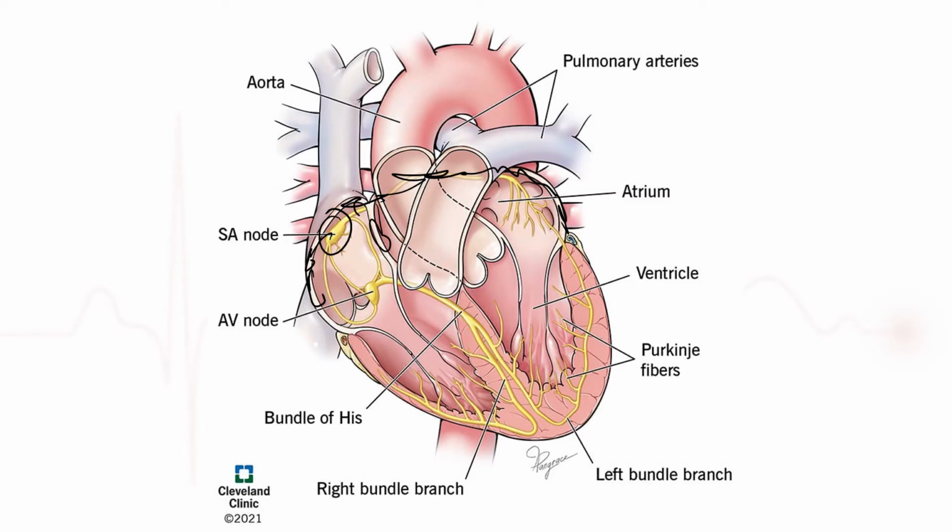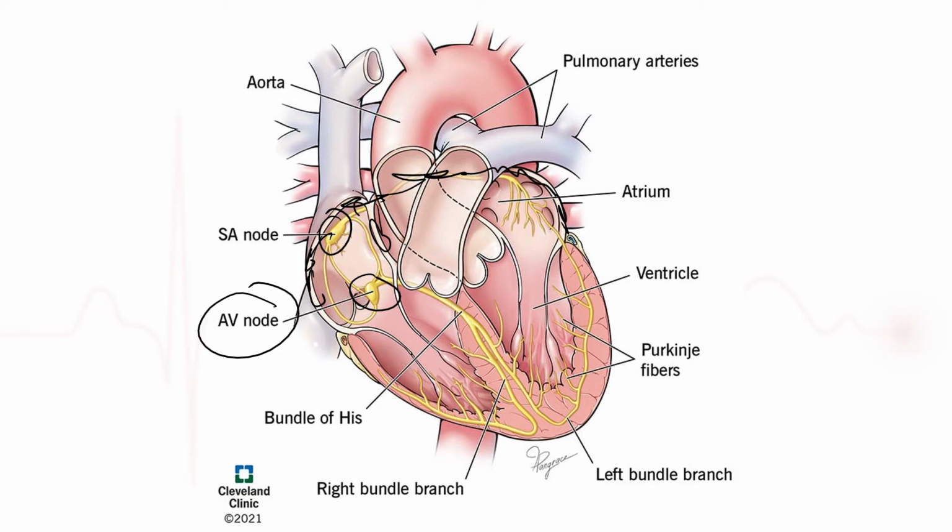The left and right atrium is separated from the left and right ventricle by a thick layer of connective tissue. They're not actually attached to each other except in one location. There's only one location where atrial fibers are attached to ventricular fibers, and it's at what's called the AV node.